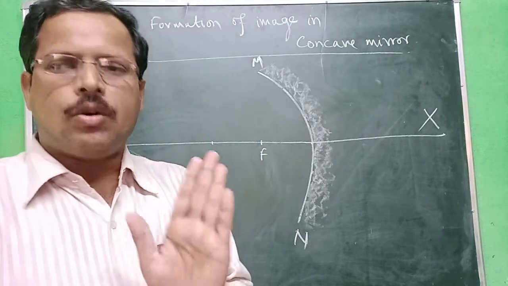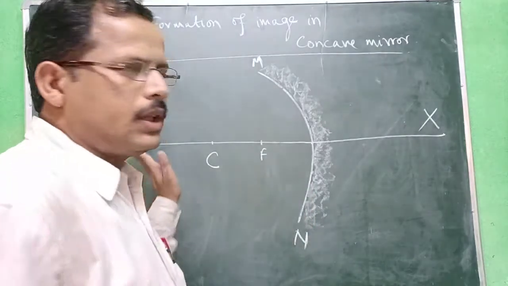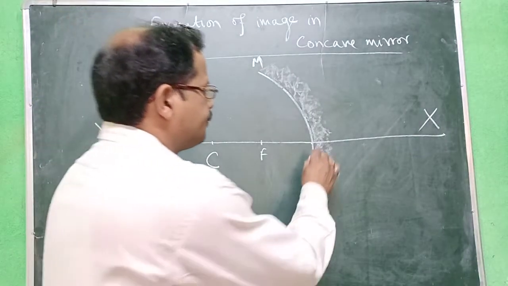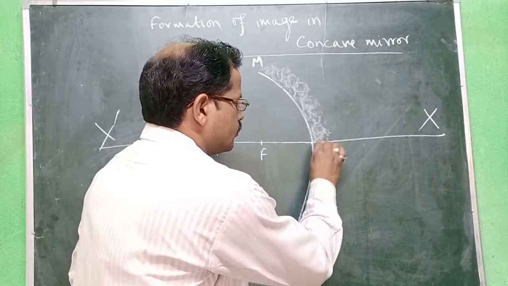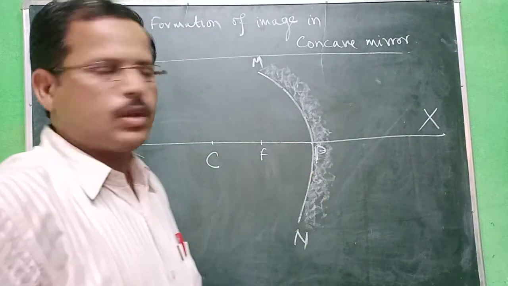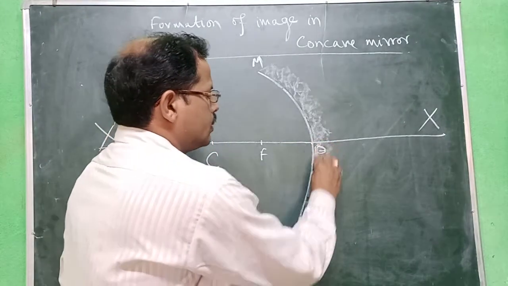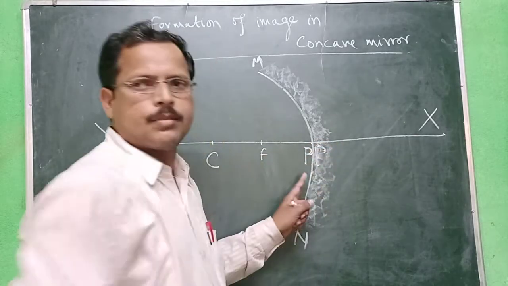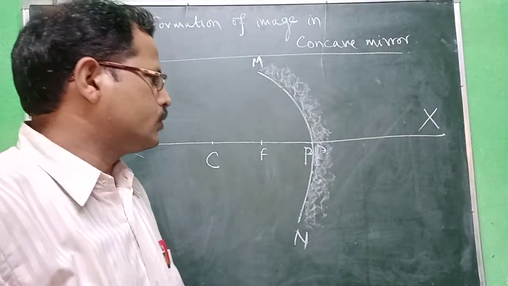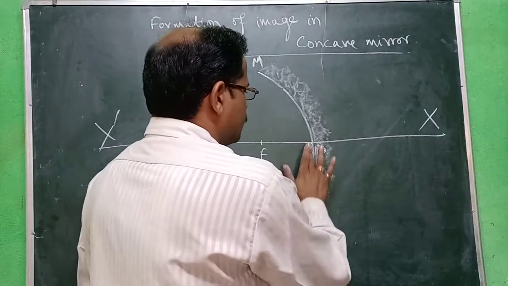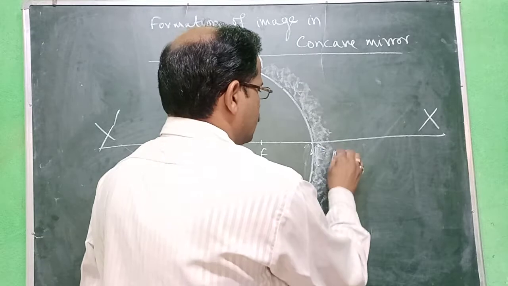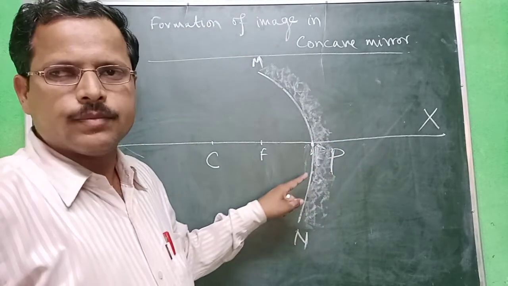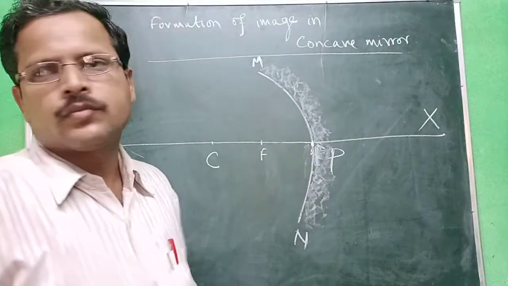Suppose the object is placed away from the center of curvature. This is the pole P of the mirror.